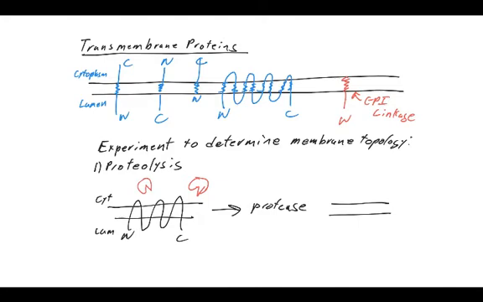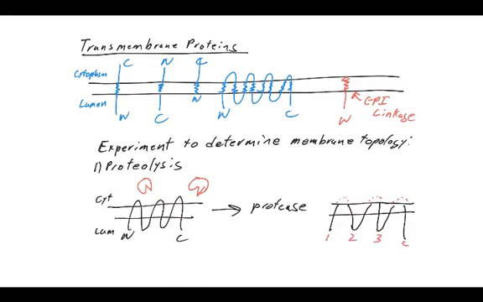And so what you end up with is just the fragments that are protected from the protease. So let's see if I've drawn this correctly. All these external domains, which I'm going to just draw in, were all chewed up by the protease. And so what you have are 1, 2, 3, 4 different protein fragments.